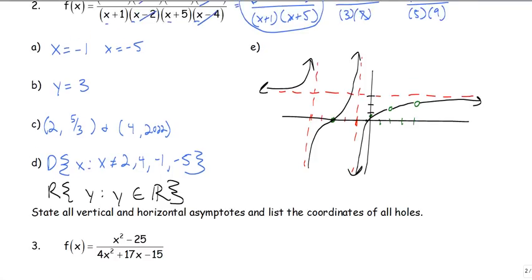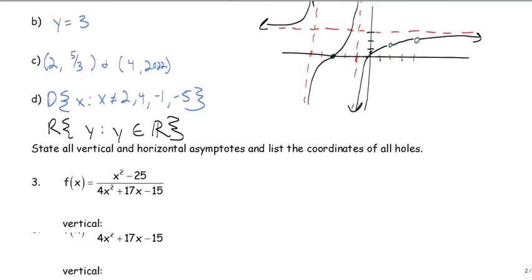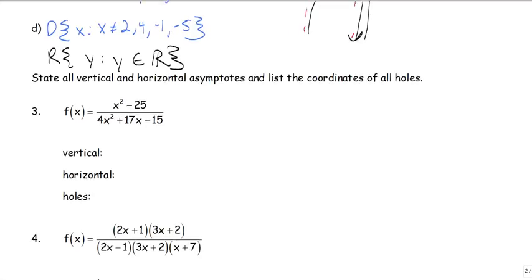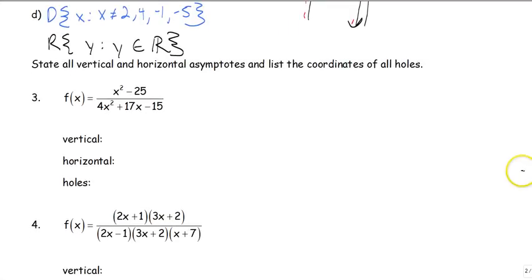Alright, now these next three, again real quick, this is just practice with stating the vertical and horizontal asymptotes and listing the coordinates of all the holes. Again, it's just factoring, figuring out what each piece is and going from there. So let's factor. The bottom you might have to do Batman with, -60.